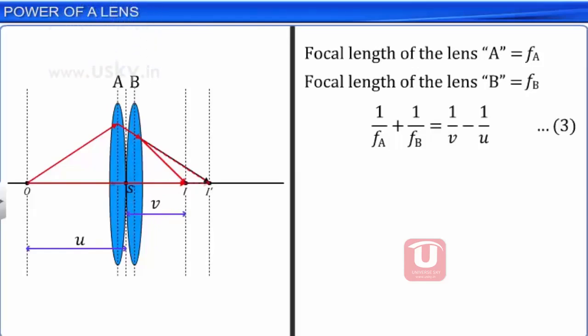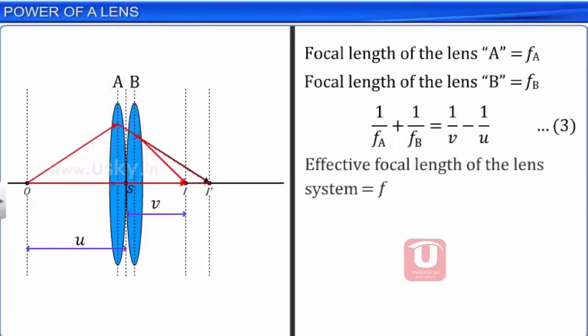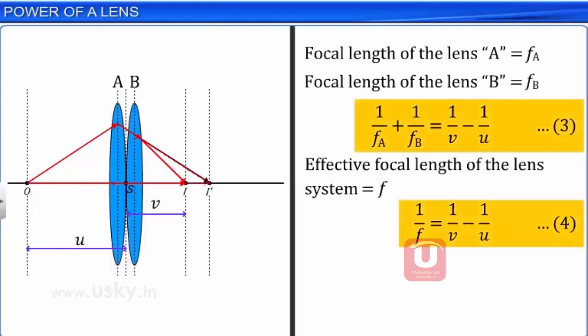From equations 3 and 4, we can write that 1 by F is equal to 1 by FA plus 1 by FB. Let this be equation 5. Since optical power of a lens is the reciprocal of its focal length, we can rewrite equation 5 in terms of the optical powers as P is equal to PA plus PB.